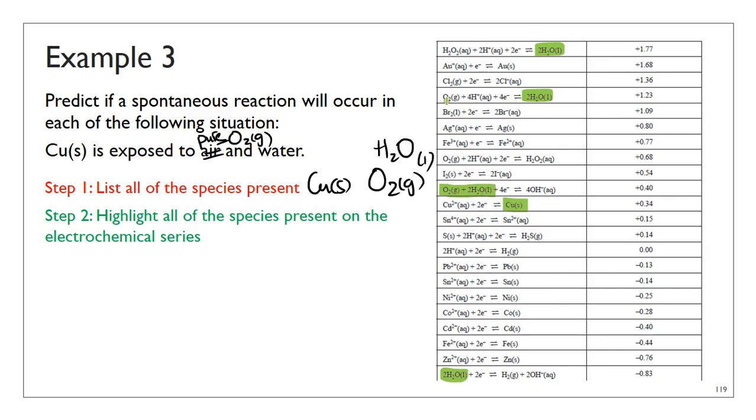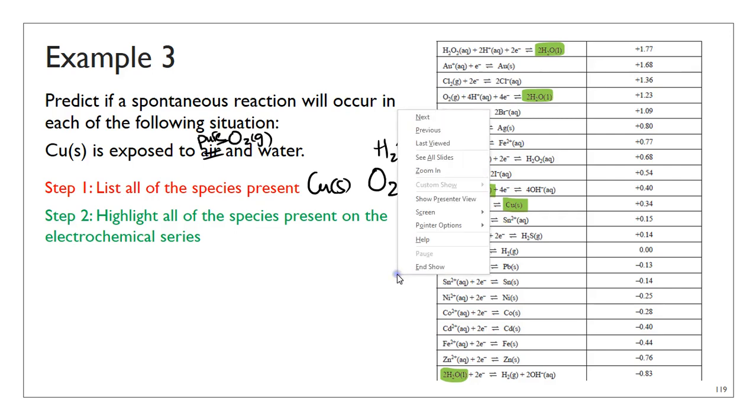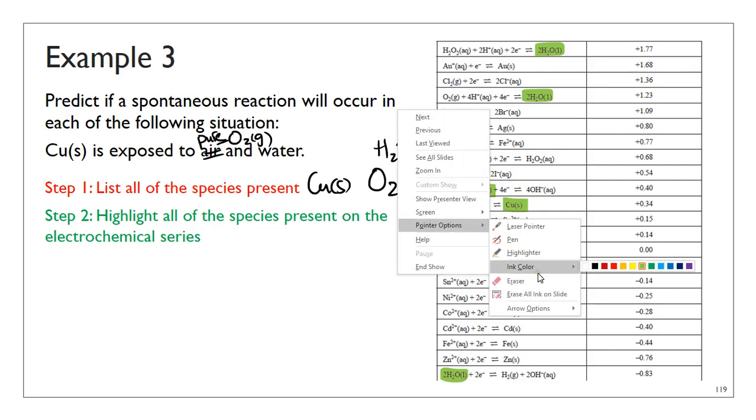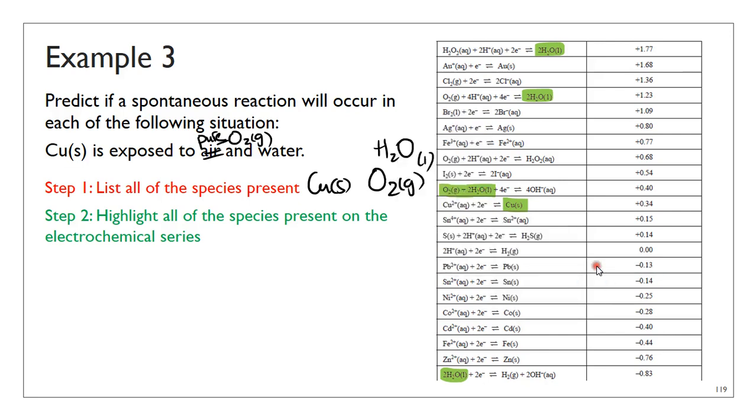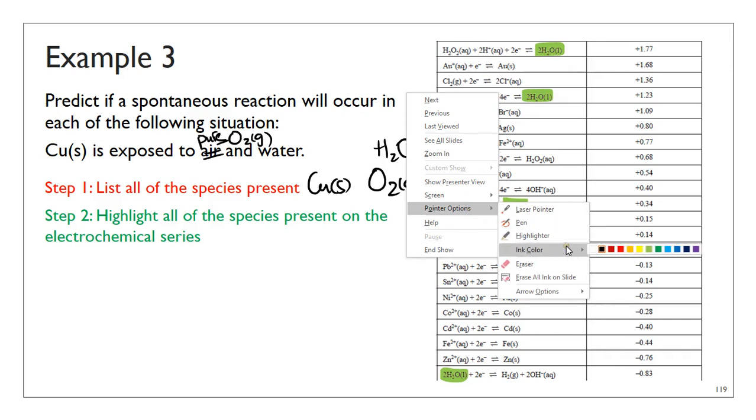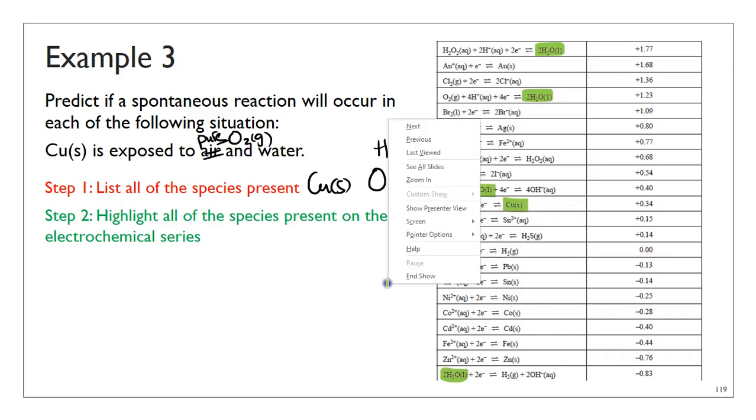I'm not going to highlight that oxygen because I don't think H+ is present here. So you can have two species acting as the oxidizing agent. It's really just the oxygen, but because water is present, I can highlight it too. Okay, I'm not supposed to. Let's go back to the pen.